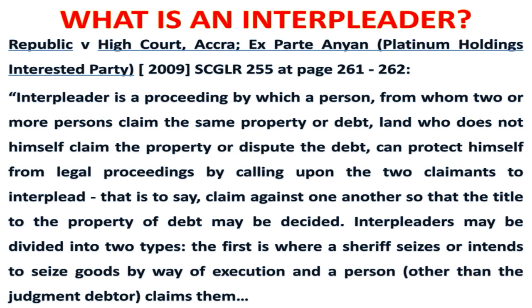Interpleaders may be divided into two types. The first is where a sheriff seizes or intends to seize goods by way of execution, and a person other than the judgment debtor claims them.